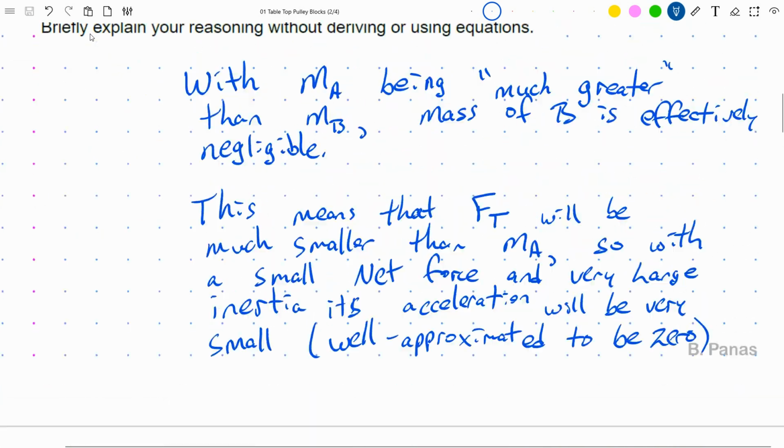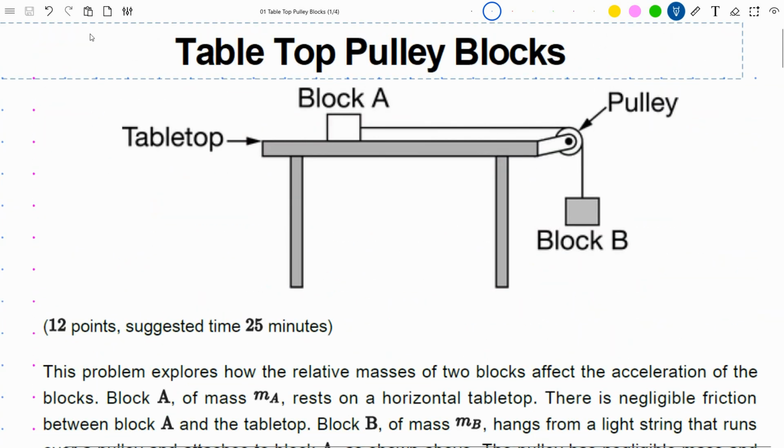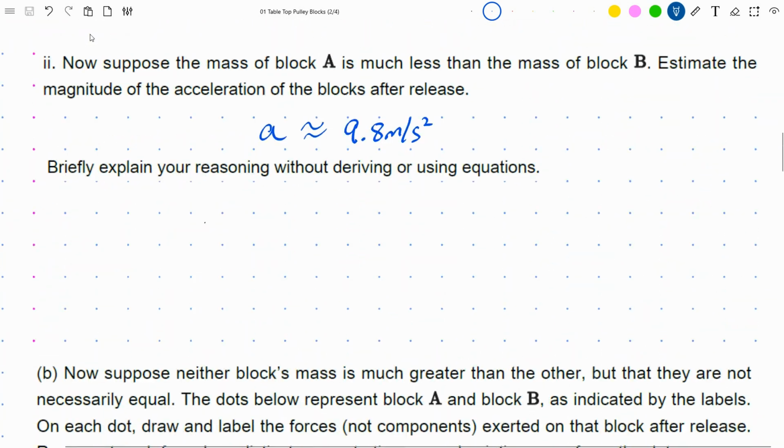Okay, so again, A is the one that was on the tabletop, B is the one that's falling.